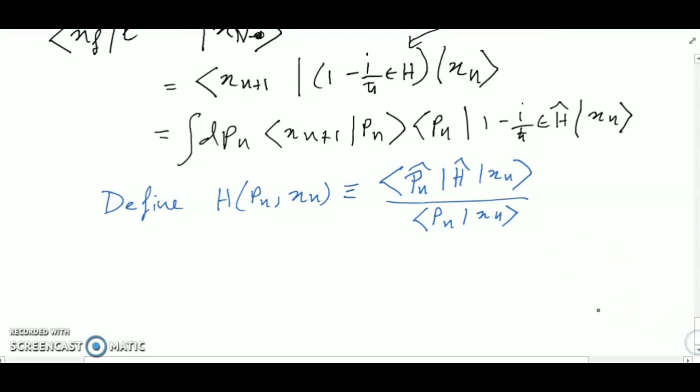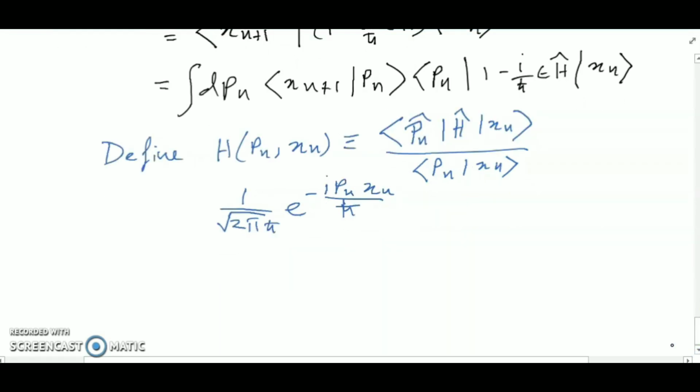So 1 by root over 2 pi h bar, e to the power i p n x n divided by h bar.